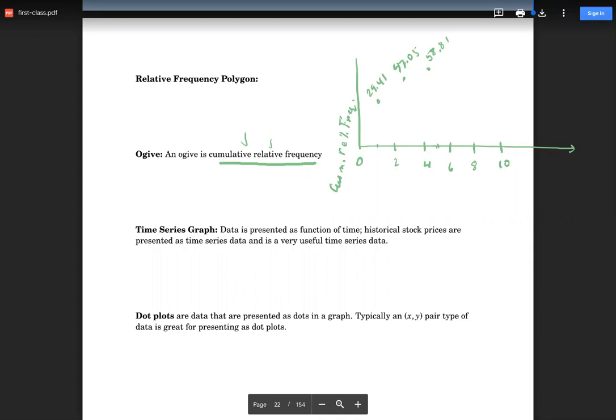And then the next one was, what was the next one? Let me go back on my screen. Okay, 23.52. Plus 23.52, that's going to give me 82.33.